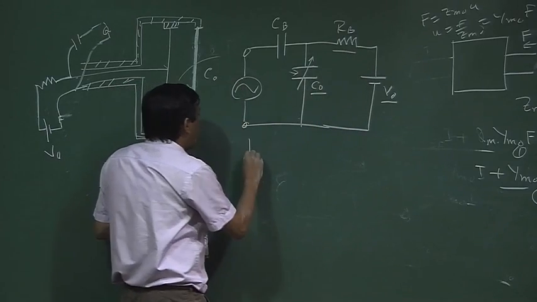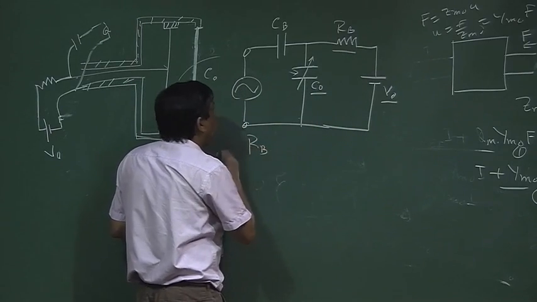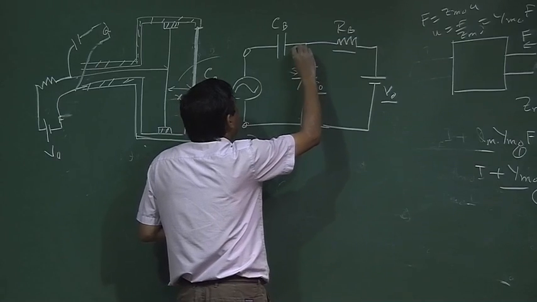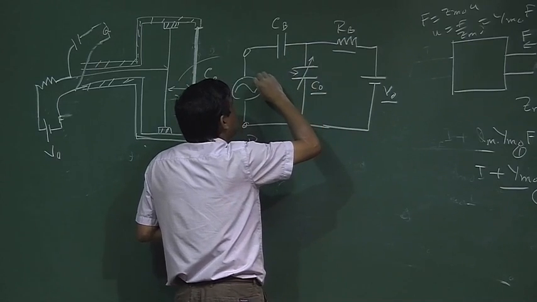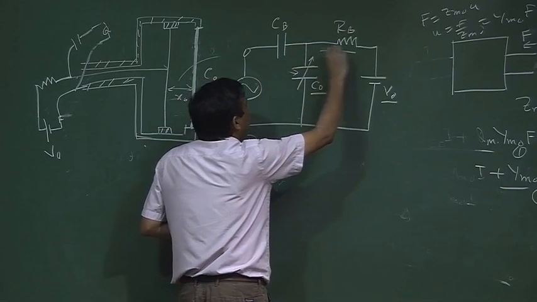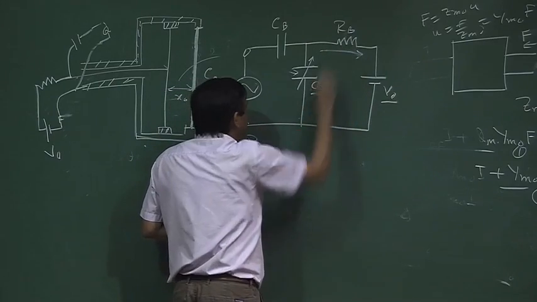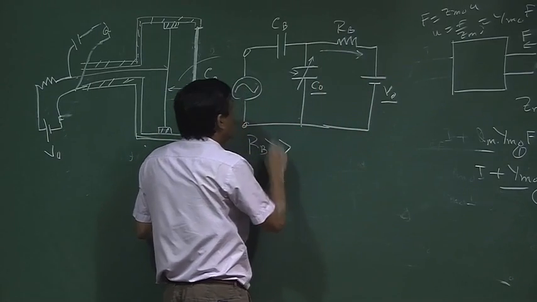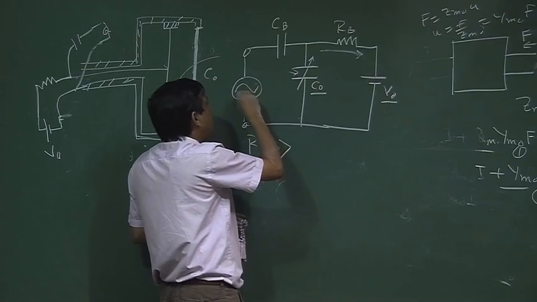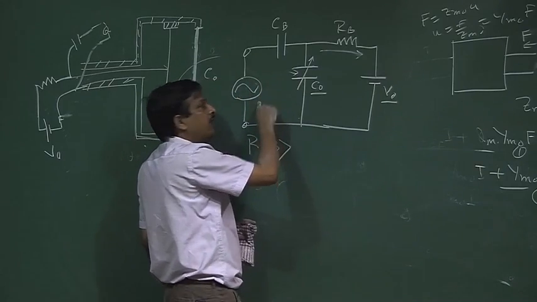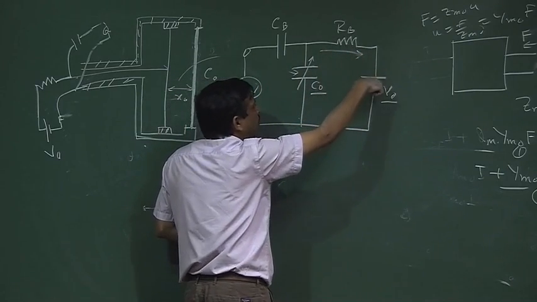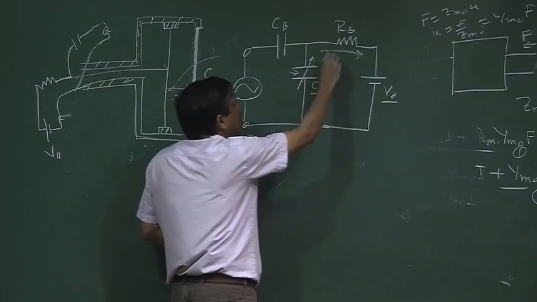The value of RB should be very high, so that none of the AC signal which I supply to the capacitor passes to the battery side. So, RB should be very high, so that none of the signal voltage passes through RB and is lost to the battery side. So, it reduces the losses.